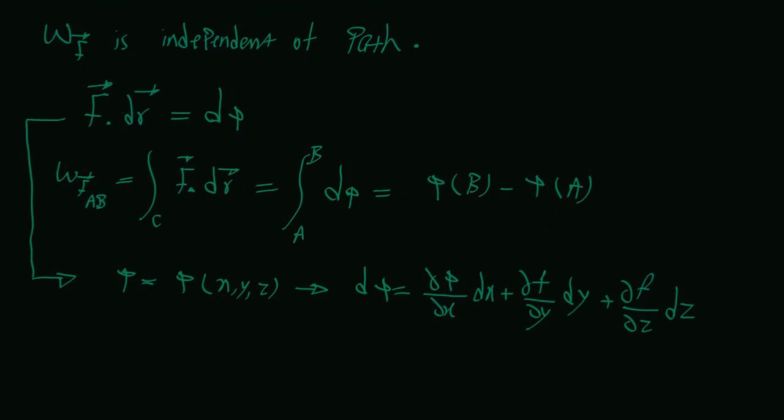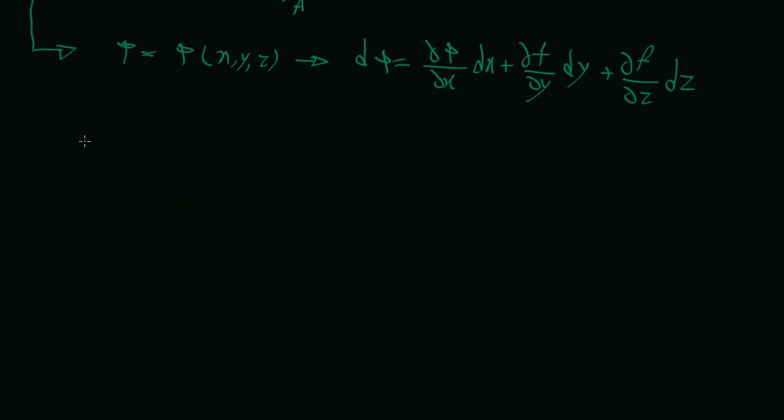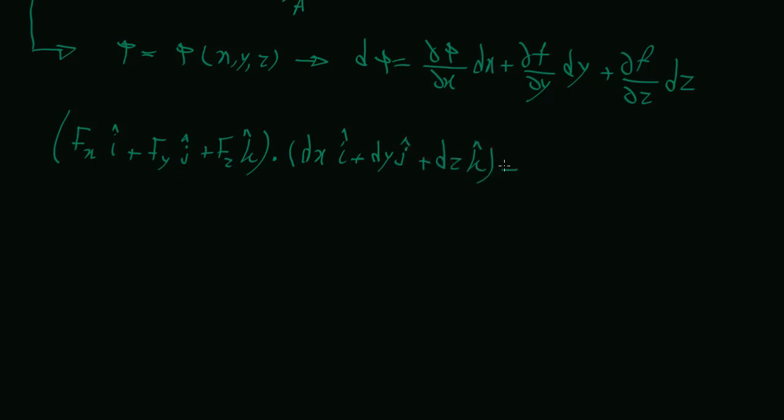Let's also write down F dot dr. F dot dr would be Fx in the i direction, plus Fy in the j, plus Fz in the k, dotted with dx i plus dy j plus dz k, and this is equal to the derivative of phi with respect to x times dx, plus the derivative with respect to y times dy, plus the derivative with respect to z times dz.